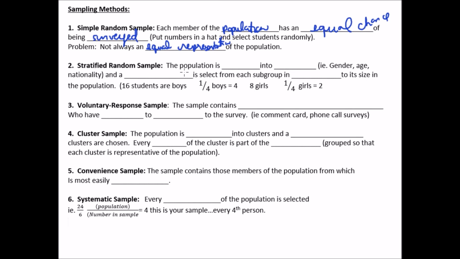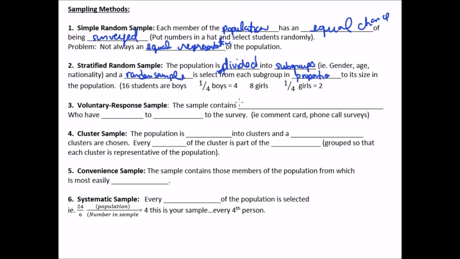Number two, stratified random sample. The population is divided, or split up, into subgroups, for example gender, age, or nationality. A random sample is selected from each subgroup in proportion to its size in the population.